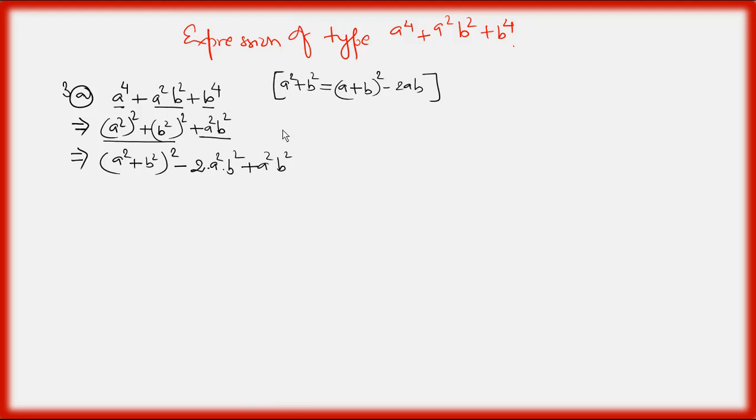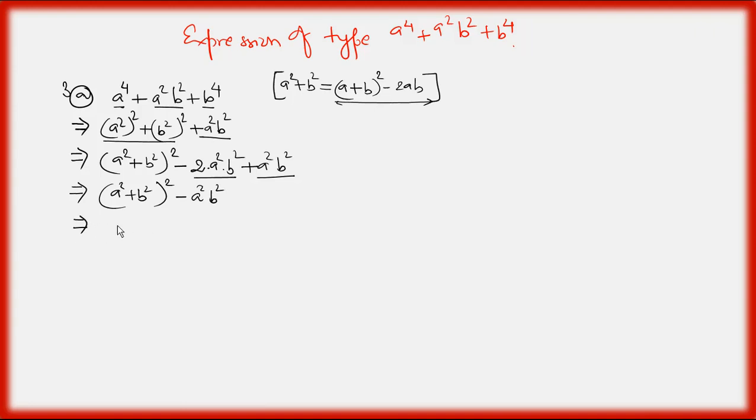As I explained before, I have applied this formula, which is the expanded form. Then the next step, dear students: a square plus b square whole square minus 2a square b square plus a square b square. While simplifying these two like terms, we will get minus a square b square.